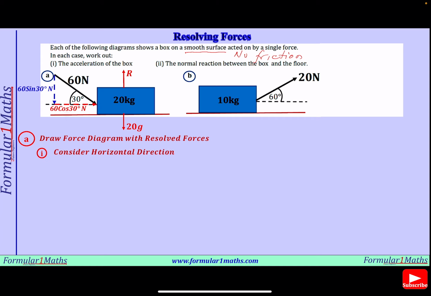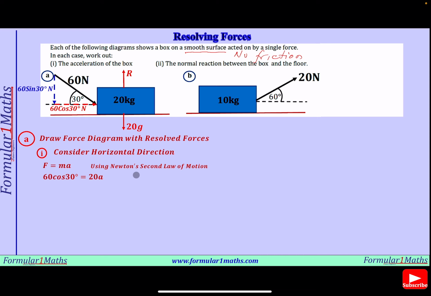So for the acceleration, we have to consider the horizontal direction and use Newton's second law of motion. So our force F is 60 cos 30. Our M is 20 kilograms, and A is the value we are looking for.